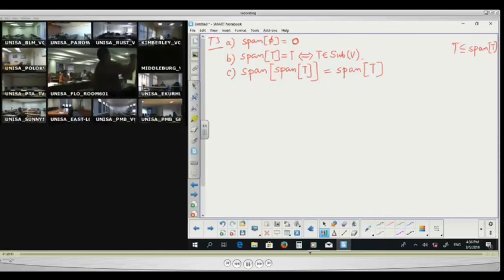So A and B, when I'm speaking about C, it is not a continuation of B. It's another assertion. Right? Here I am saying span of T is equal to T only if T is a subspace, but here I didn't mean that span of T is. Okay, clear?